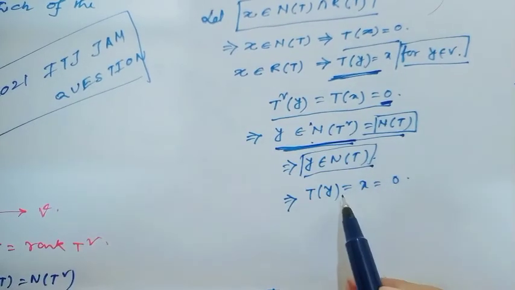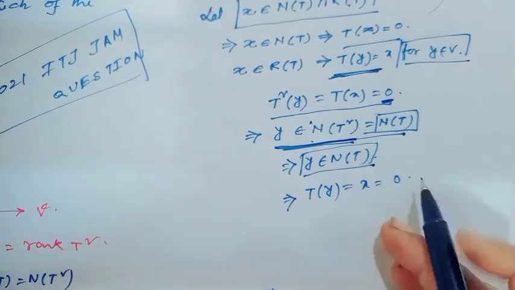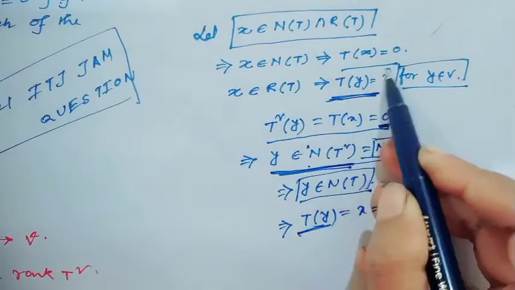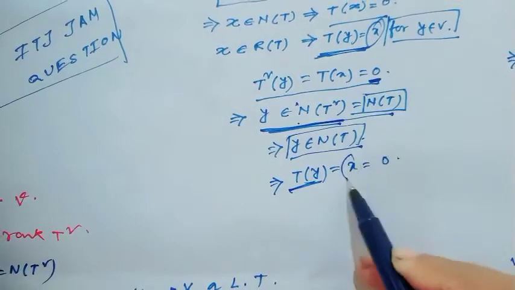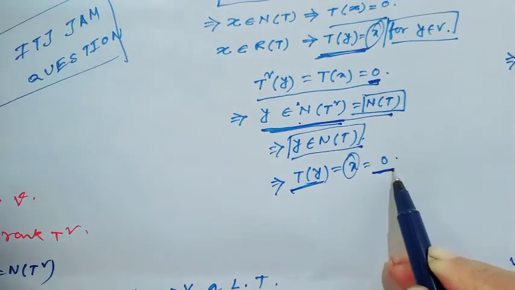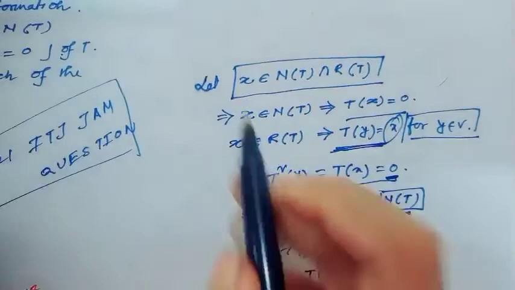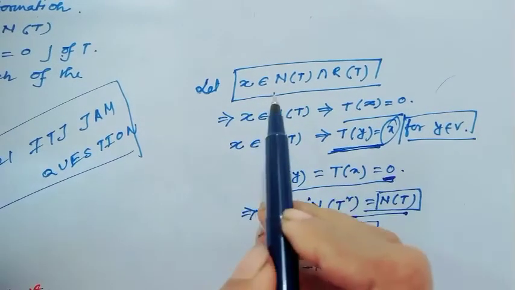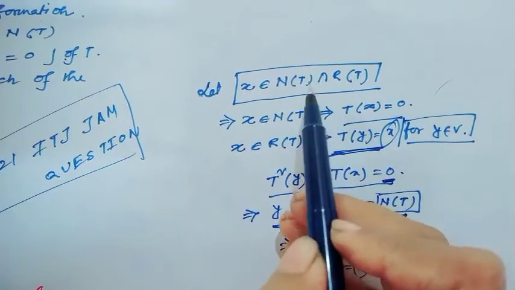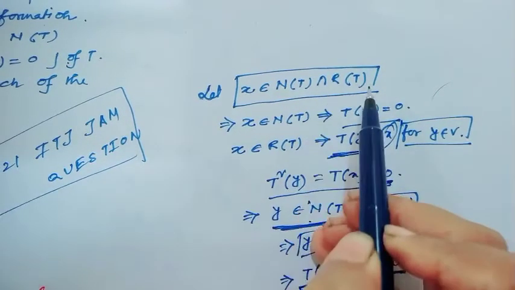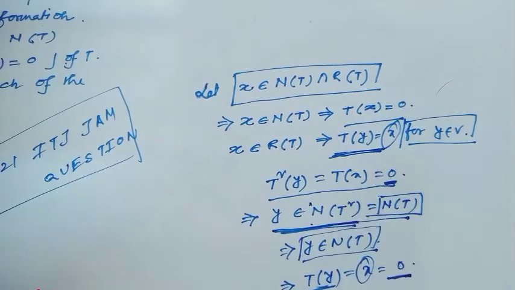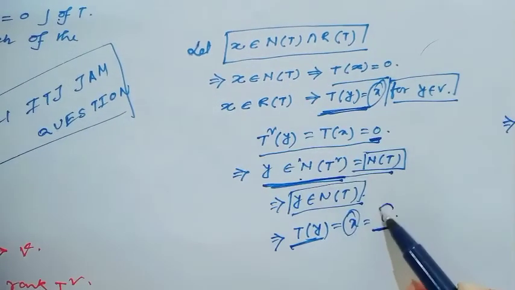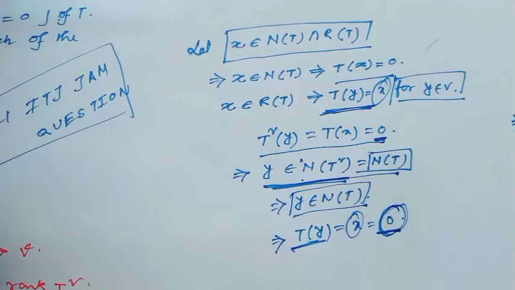So obviously T of y, which is actually equal to x, is 0. That means I have considered an arbitrary vector x in the null space of T intersection the range space of T, but I have got that this vector is nothing but 0.